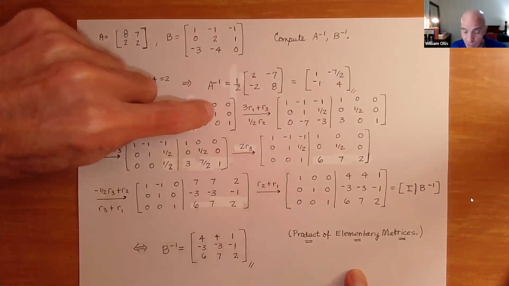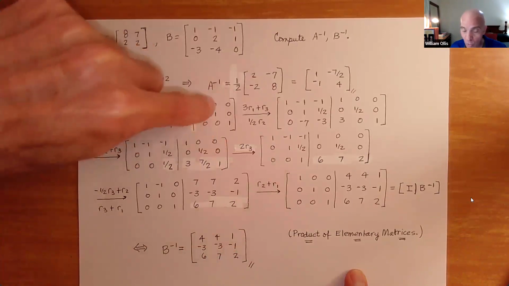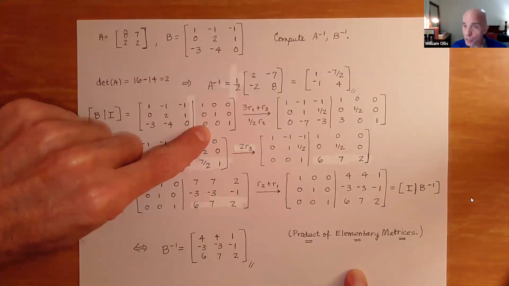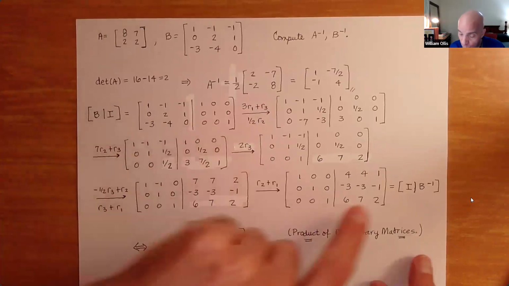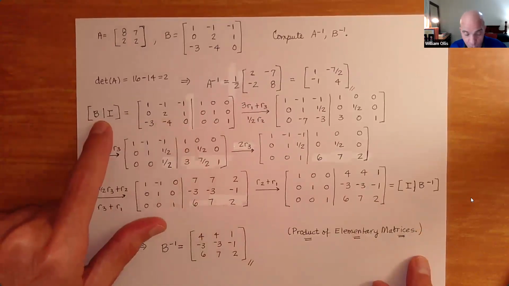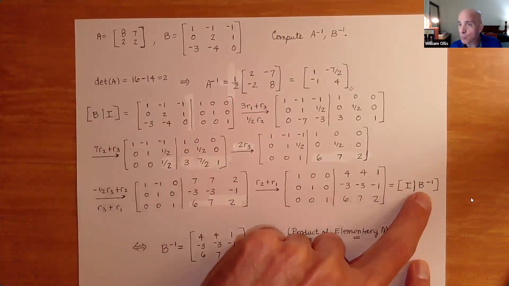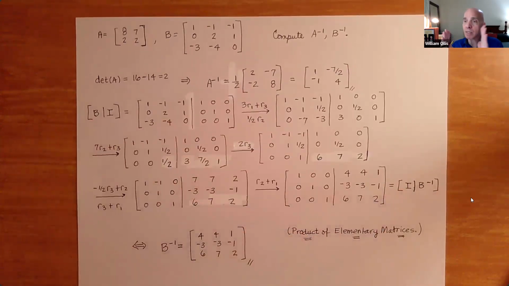By this process, we record all of those elementary operations in the corresponding identity matrix, in this case 3x3. And then when we're done here, we have moved from [B | I] to [I | B inverse]. Remember, the product of all of those elementary matrices produces the inverse matrix.